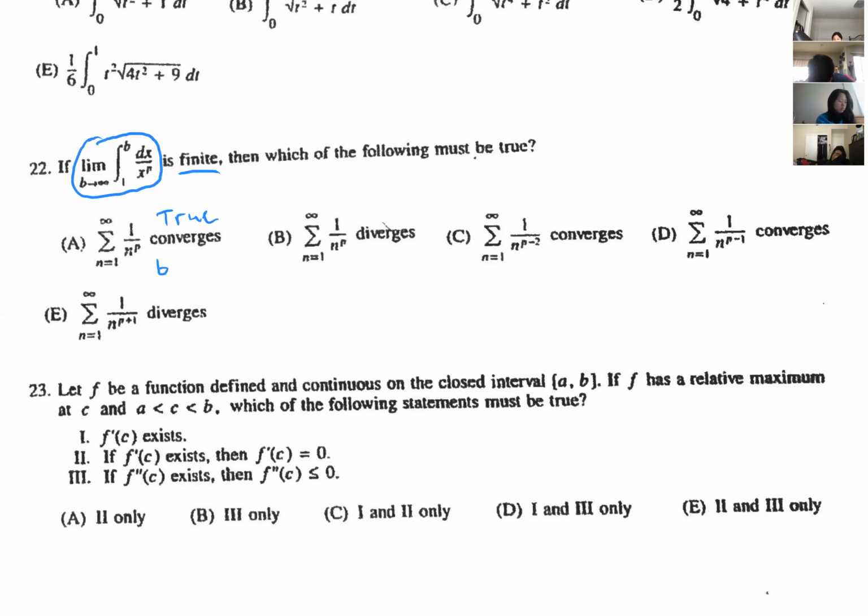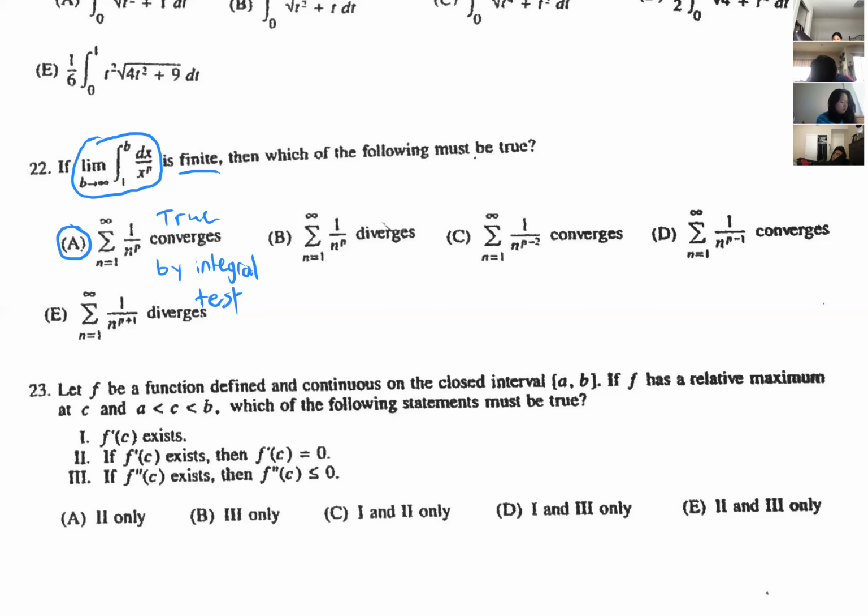And basically what's given to you is based off the integral test. So I don't have to keep going if I know that this first one is true. There's none that say like 1 or 2 or A, B, or C. It just says which of the following must be true. So A is true, that has to be my answer. So that's based on the integral test.